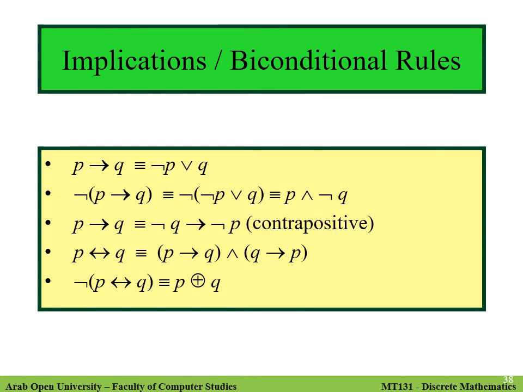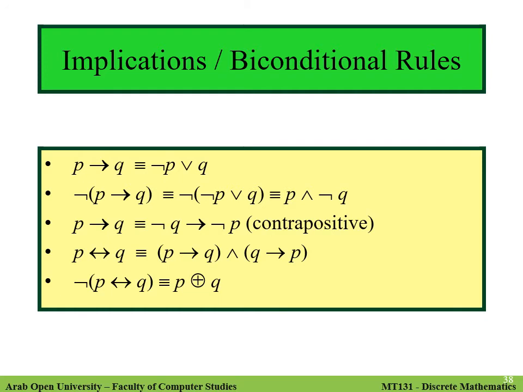The second formula tells us how to write the negation of the implication operation. Not (P implies Q). You can replace P implies Q by not P or Q. This is true from the previous example.